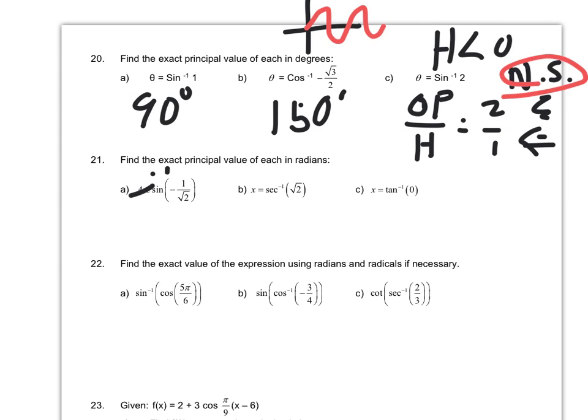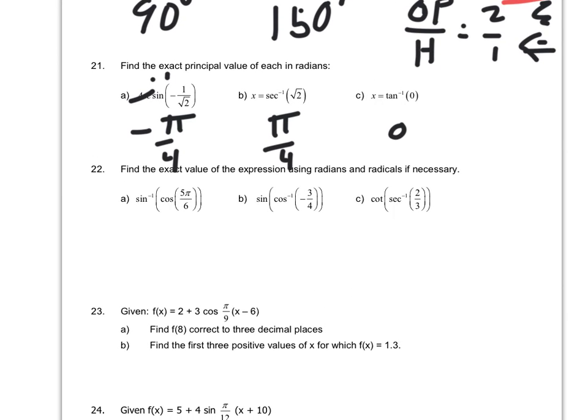So this is going to be a negative pi over 4, a pi over 4, and 0. And again, you'll have to remember to change your multiple choice answers into terms of pi, or convert your answer choices into decimals to be able to get the correct answer.